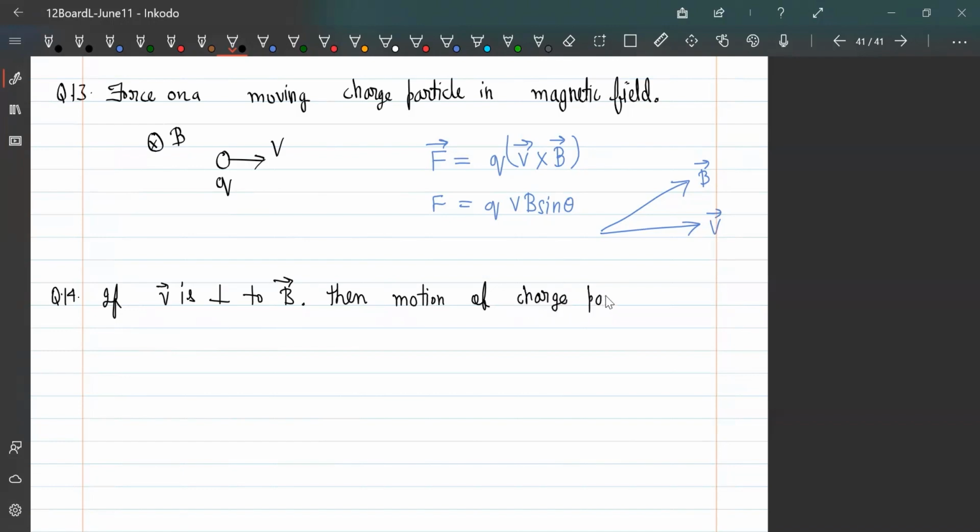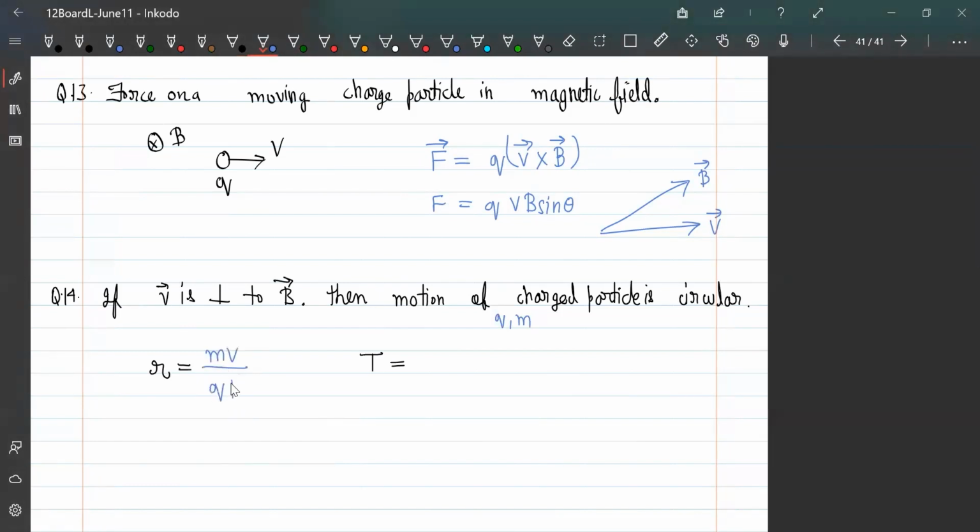Motion of charged particle is circular. They should tell me the radius of this circle, then time period of the circular motion. Of course, charge q है, mass m. हाँ, radius is mv by qB.